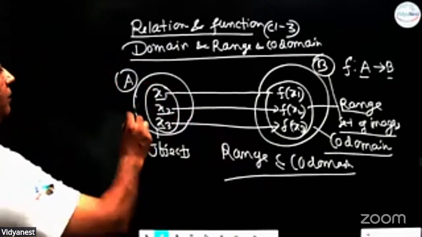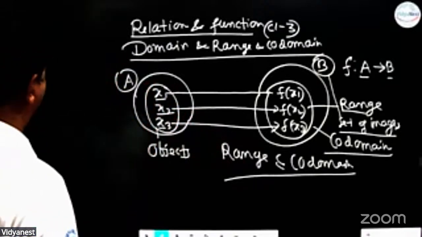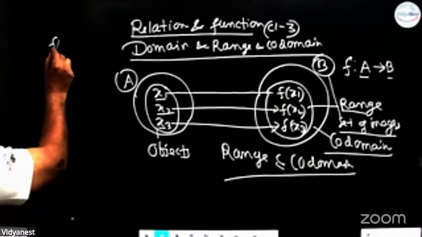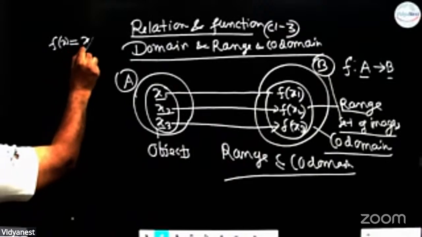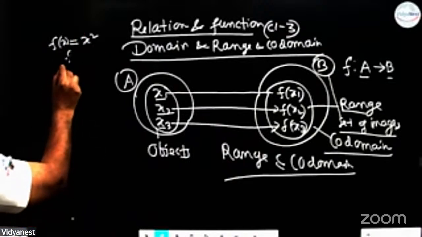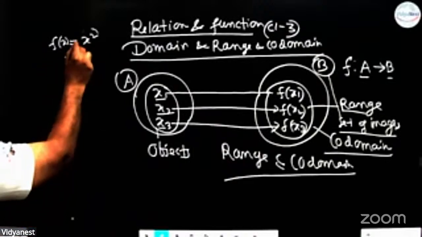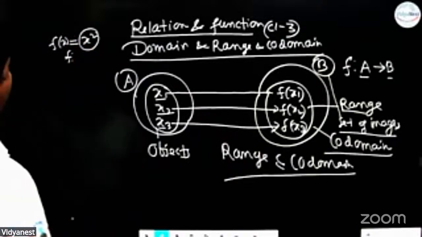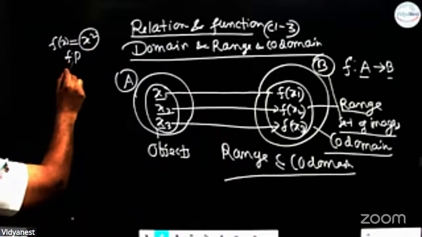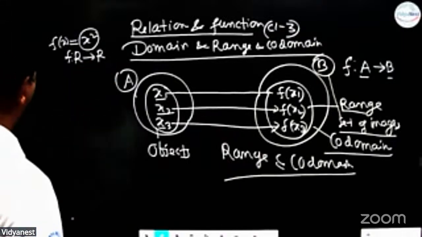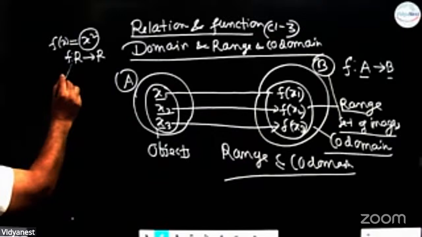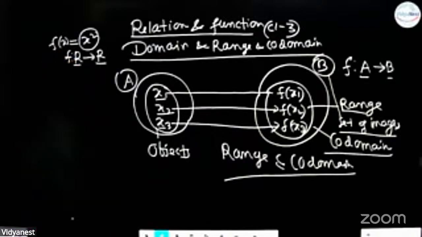Suppose f(x) is defined by x square, where f maps from real number to real number. Domain is real, codomain is also real.